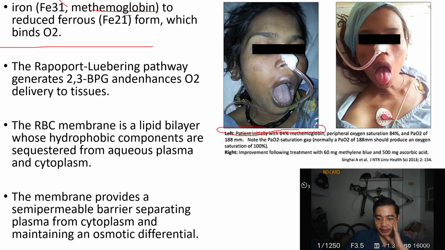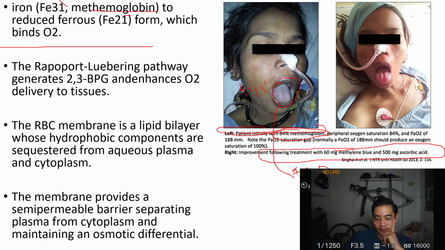So over here, if you look, 64% of all your hemoglobin is composed of methemoglobin, and you see the patient has a blue tongue and bluish lips, meaning the patient is hypoxic, with decreased oxygen. So the management of methemoglobinemia is giving methylene blue and ascorbic acid because they are antioxidants, or they reduce the ferric to ferrous.